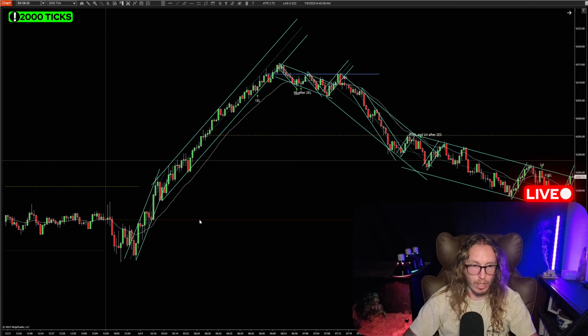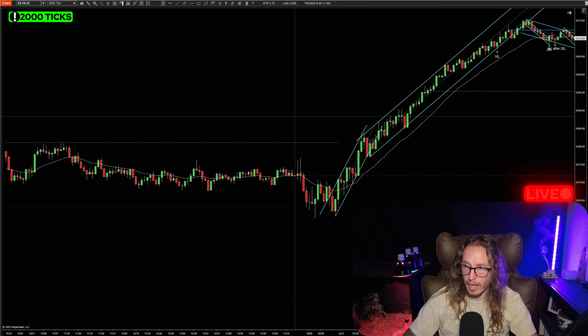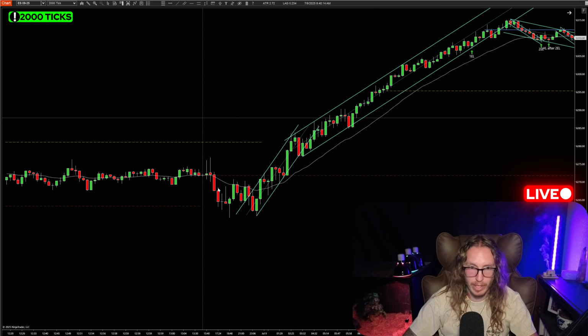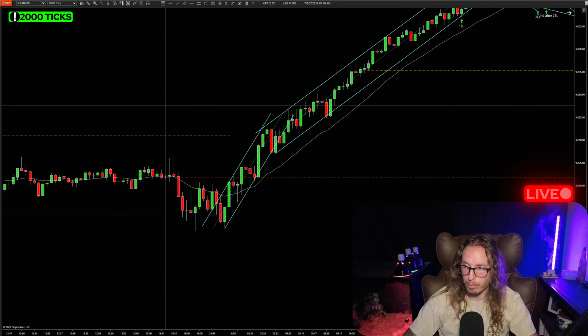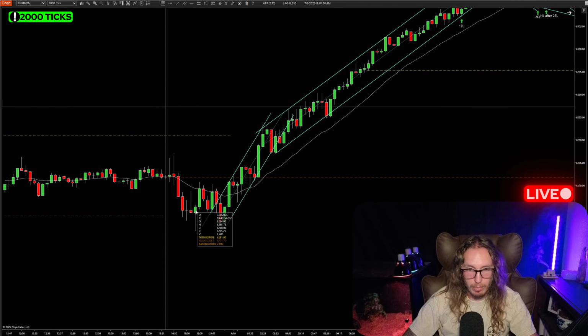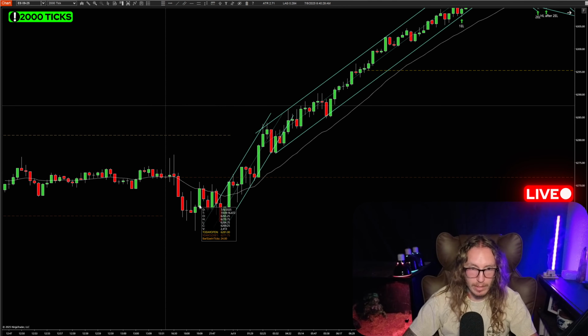On the tick chart, every single bar has to have 2,000 transactions for the bar to print. When I zoom in, this bar printed at 1848 and 34 seconds, right? The next bar printed at 1909.